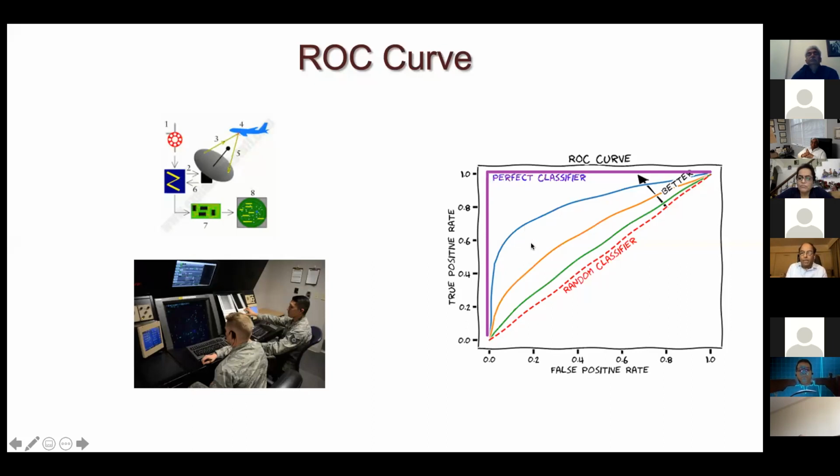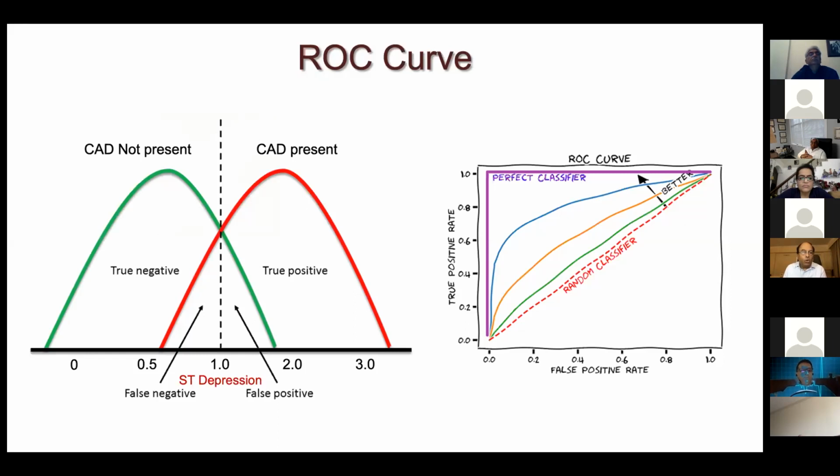So we measure the area under the curve, and the test which gives a better area under the curve is considered superior. When do we create these ROC curves? They are created when we want a binary decision from continuous data. For example, in coronary disease we do TMT, the treadmill test, and we have the ST segment, which is continuous data.